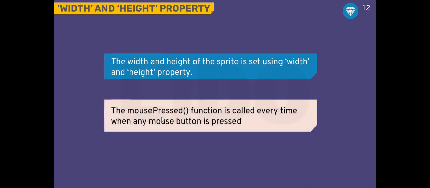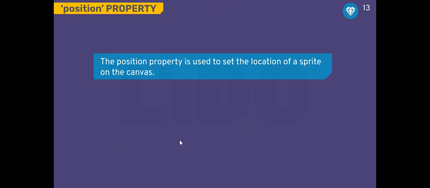The mouse pressed function is called every time any mouse button is pressed. That's what it is. Whenever we press one, it calls the code. Here we are writing position properties. The position properties are used to set the location of a sprite on the canvas.